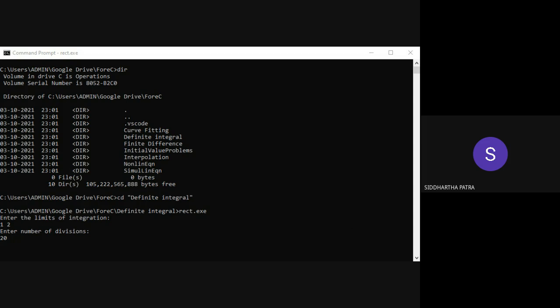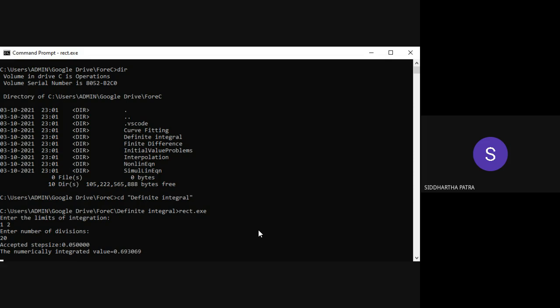So now I'm using the rectangular rule, and let's see what value I get by taking 20 divisions. What its first line says is accepted step size, because I have only given number of steps equals 20. So it is accepting that value, and it is taking a step size of 0.05, which is 2 minus 1 divided by 20. If I had given more number of steps, it would have probably reduced it.